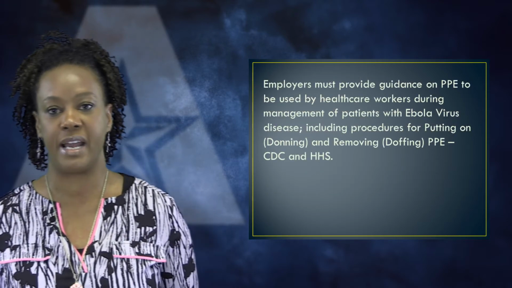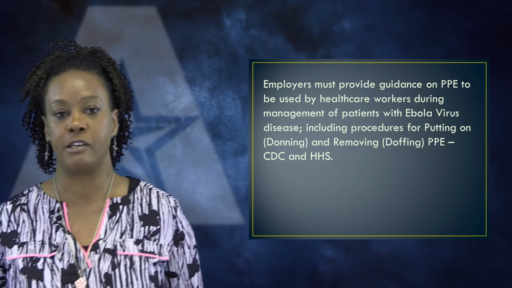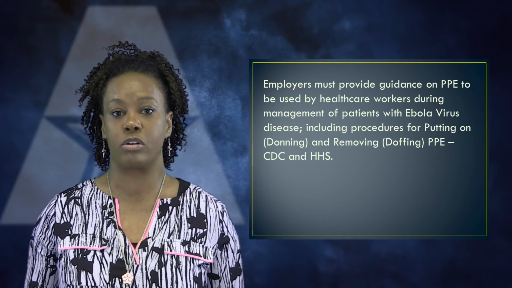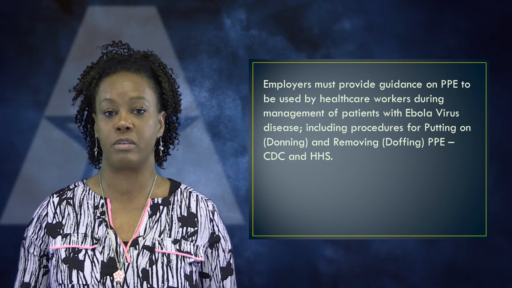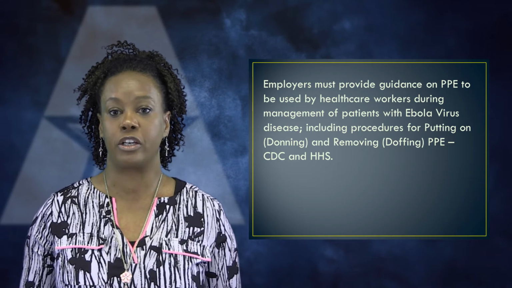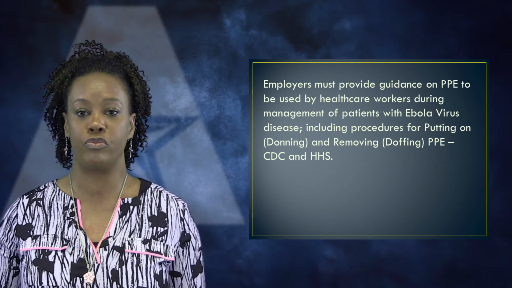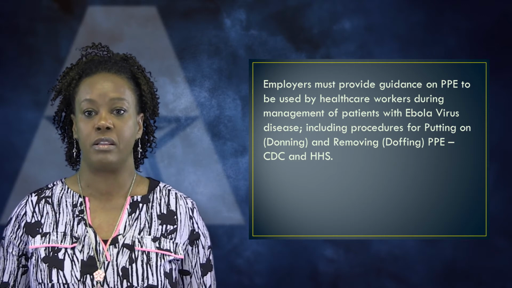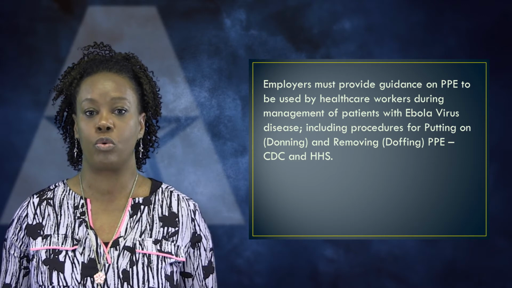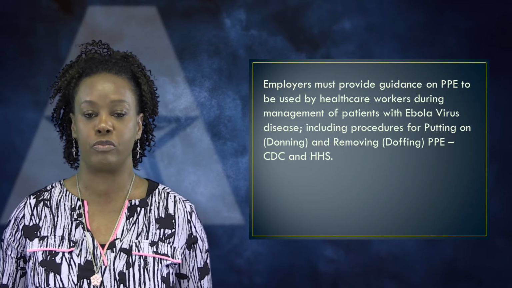Employers must provide guidance on PPE to be used by healthcare workers during management of patients with Ebola virus disease, including procedures for putting on, which is donning, and removing, doffing, the PPE according to the CDC and Health and Human Services.